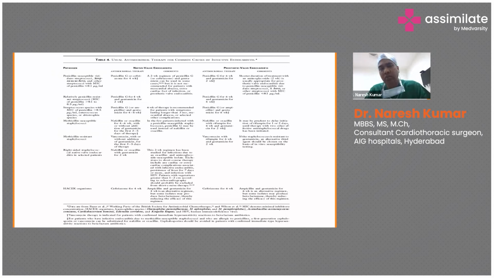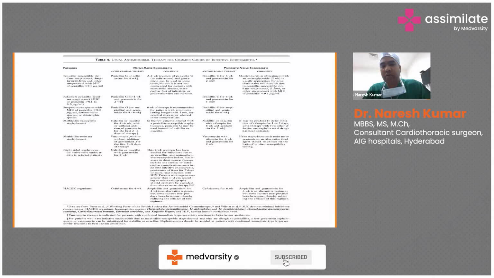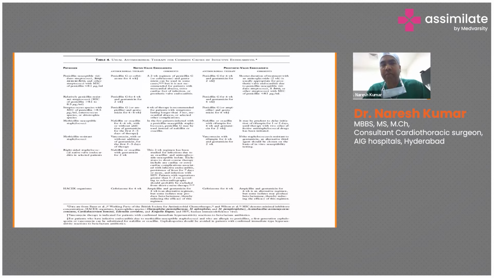Usually it includes a 2 to 6 weeks antimicrobial regimen, depending on the organism commonly seen. For Streptococcus, Staphylococcus aureus and so on, we usually give one week of aggressive antibiotic therapy followed by immediate surgery, and then 4 to 6 weeks of antimicrobial therapy again. In subacute or chronic cases, we usually give a complete 6 weeks course of antimicrobial therapy and monitor the patient for any septic emboli or embolic symptoms.